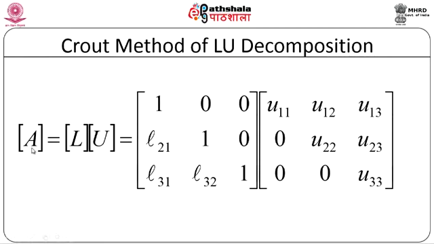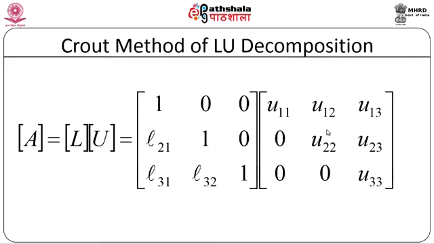The matrix A is decomposed into two matrices L and U, where the L matrix has a structure like this, where the diagonal elements are 1, these are the lower elements, and the upper elements of the matrix L are 0. Similarly, in the matrix U, the lower elements are 0, and the upper elements are U11, U12 and U13.